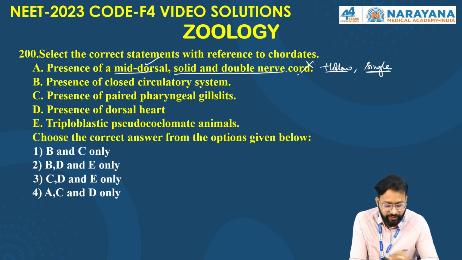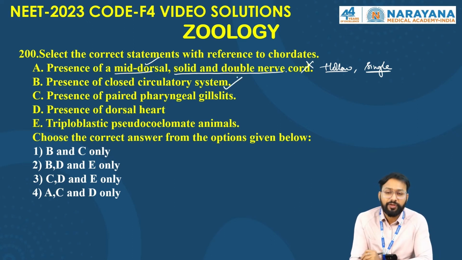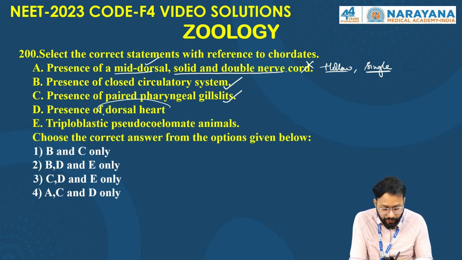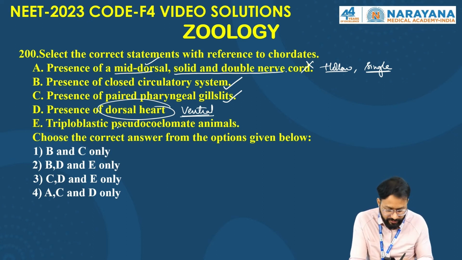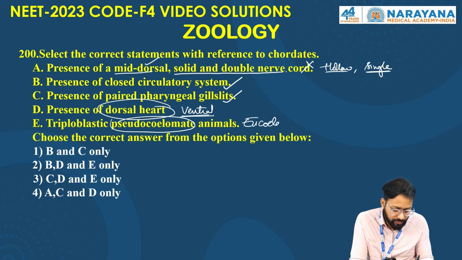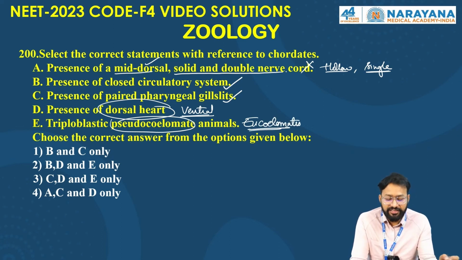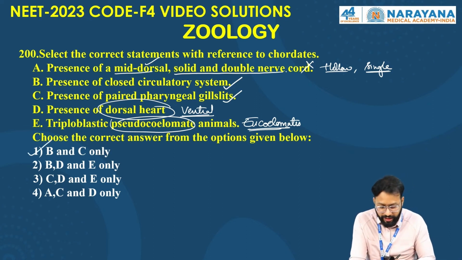Presence of a closed circulatory system? True. Presence of paired pharyngeal gill slits? Also true. Presence of a dorsal heart? No, ventral heart. Triploblastic pseudocoelomates? Not pseudocoelomates, they are eucoelomates. So the correct statements with reference to chordates would be B and C only.